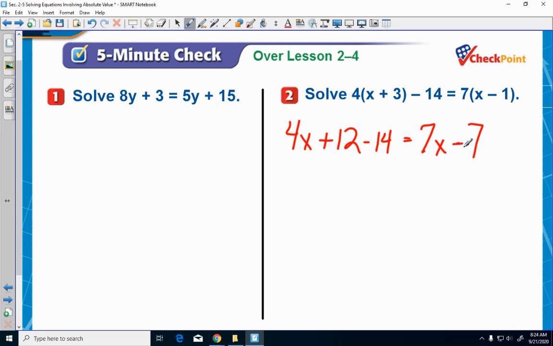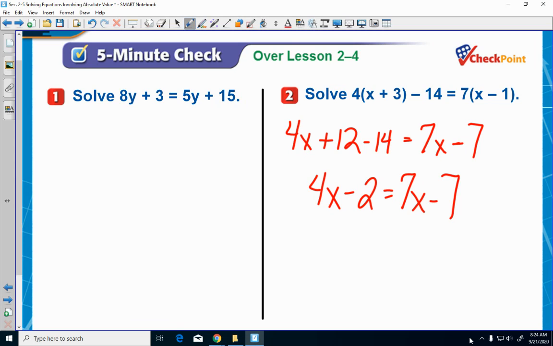So if you're solving the one on the right, obviously there's the distribution that's to take place. And for a moment, I don't think I'll do anything with the equation on the left-hand side because we should be able to make the one on the right look just like the one on the left by combining these like terms. Okay.